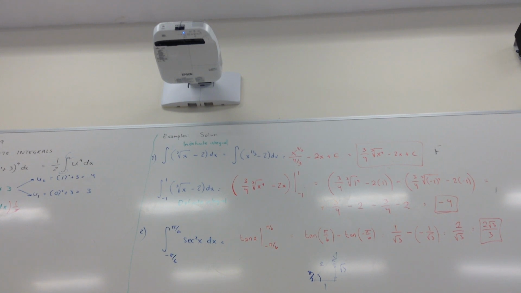I just put the limits inside the expression of u, so now I have the values in terms of u. So now my limits are going to be 3 and 4.